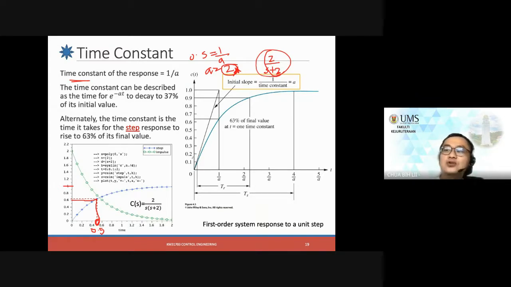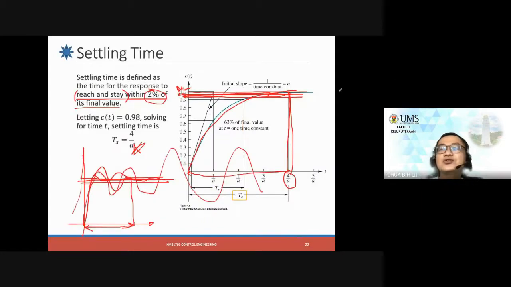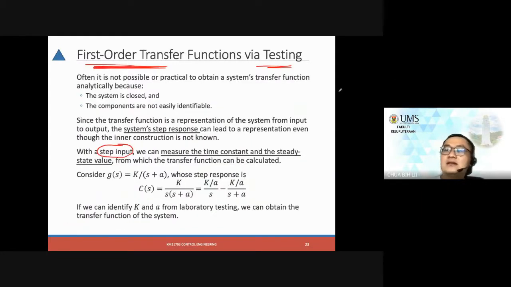You just go straight up and settle. This is a characteristic of a first order transfer function. If you can see these characteristics, then you just use the first order equation to describe it.